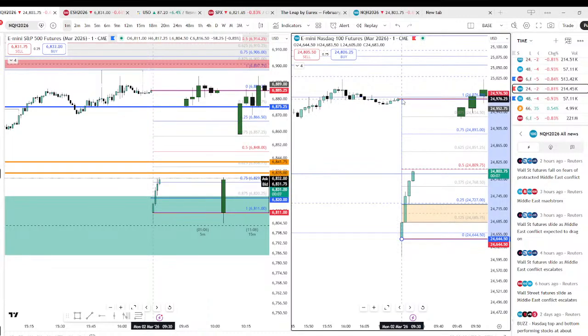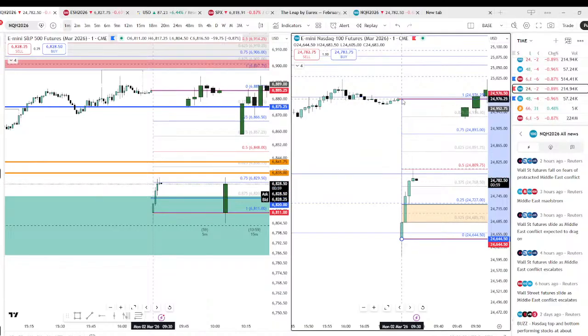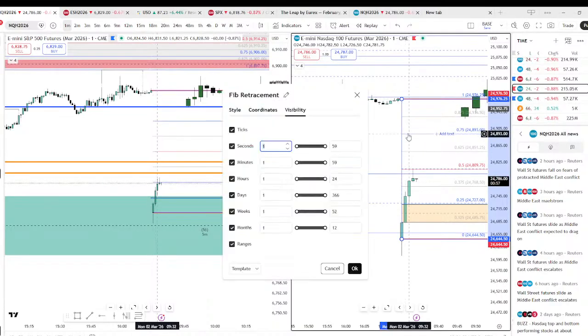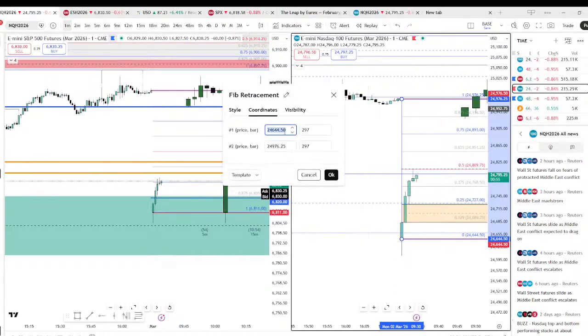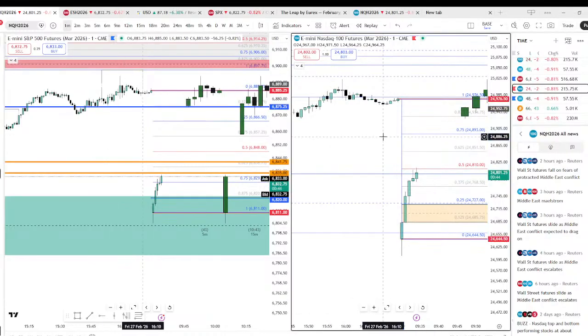476.50. I just don't want it to be overlapping my overnight trading. 76.50, there it is.